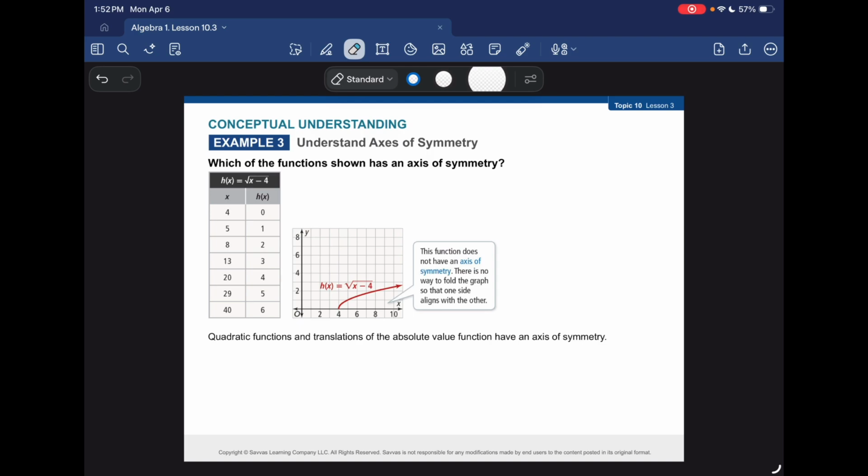Well, no. I can't divide it going horizontally because then it wouldn't be a function. And I can't divide it going vertically. It will not match up if I fold it along a vertical axis of symmetry. So again, the only functions that we have talked about that will have an axis of symmetry are quadratic functions or absolute value functions, ones that have a vertex.